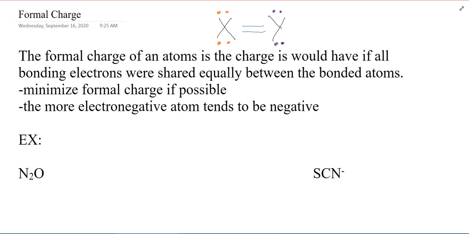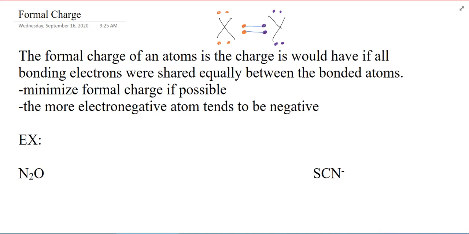So it could be like O2, but just in case, we have X bonded to Y with a double bond. What we're saying is, if we're sharing the bonded electrons evenly, one of these electrons came from X in each bond, and one of the electrons came from Y in each bond to make the bond.